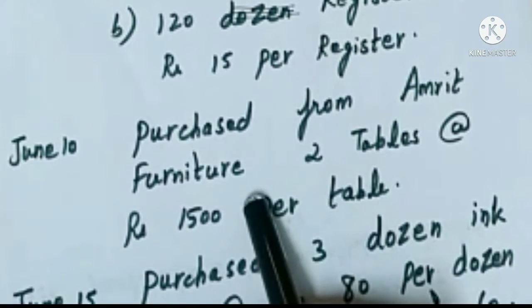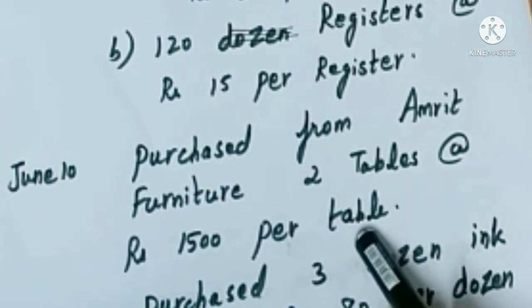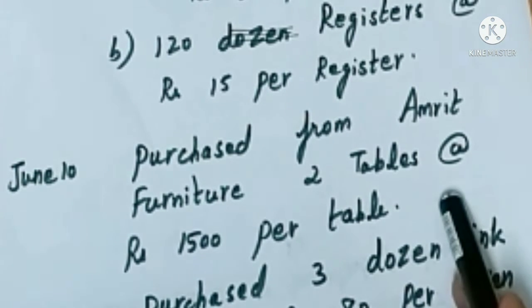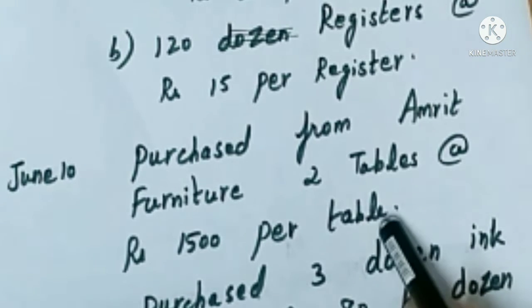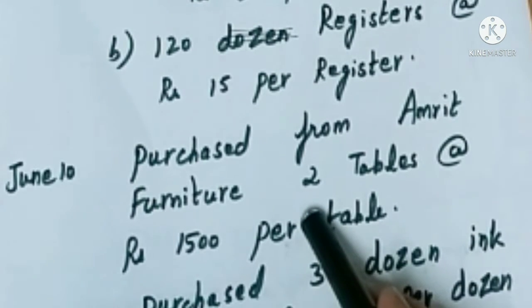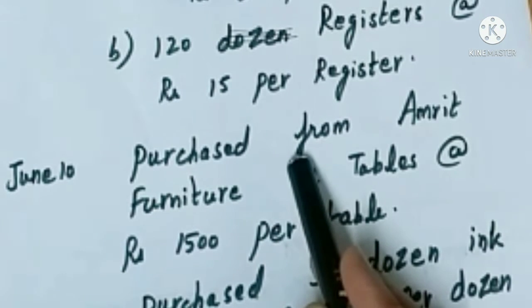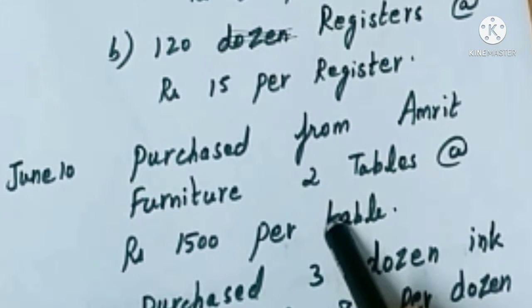That is, cash transactions will not be recorded in subsidiary books. They have not mentioned here on cash basis, but still even if it is not mentioned as cash, we should assume that the purchases are made on cash basis. If it is made on credit basis, it will be given on credit.